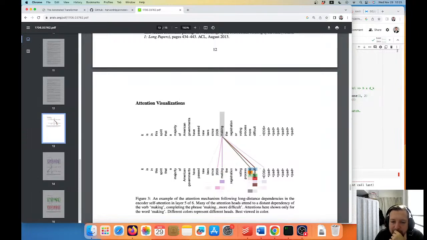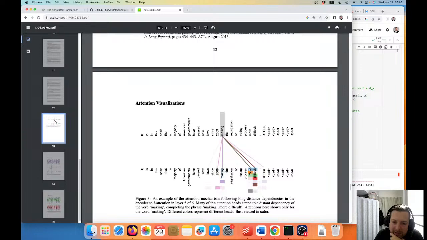And so the attention connects this token to itself, to this bit in the sentence, so making more difficult is like a strong connection.